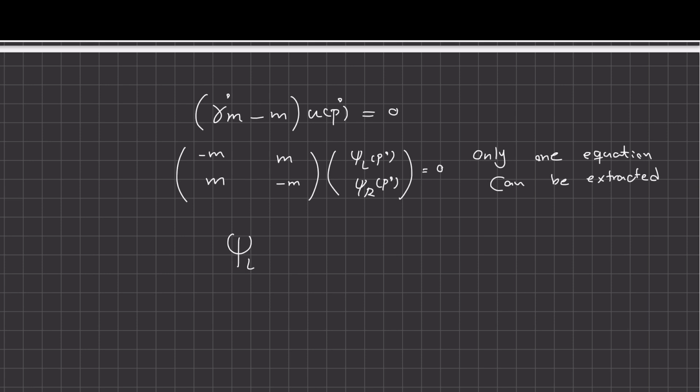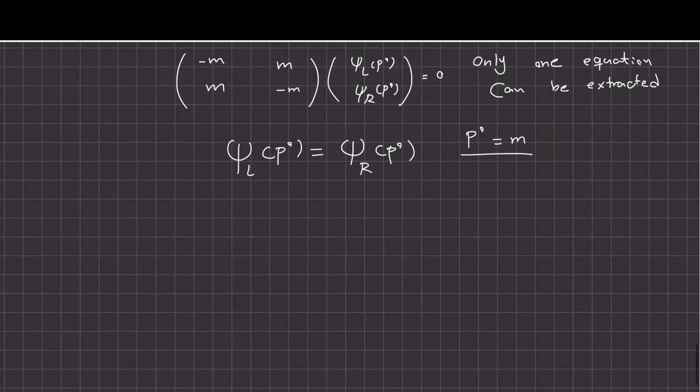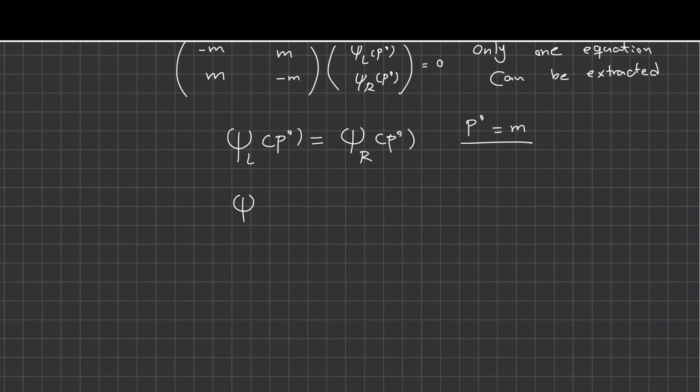So we can write down that psi of the left-handed is equal to psi of the right-handed. These are the kinds of answers that are accepted. And p0 is obviously m, and we can just write down u of p for convenience as the square root of m.